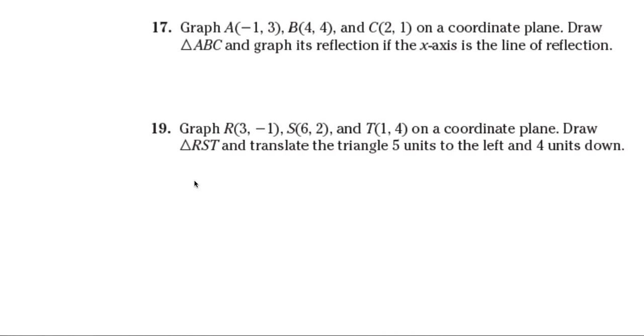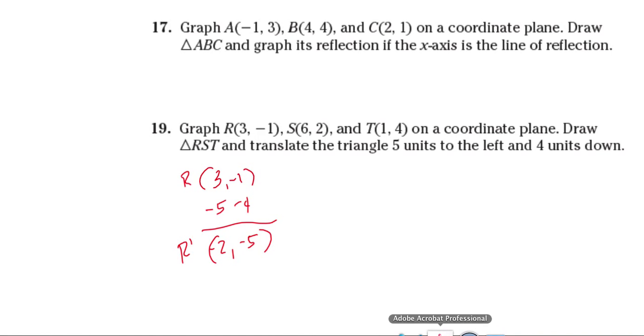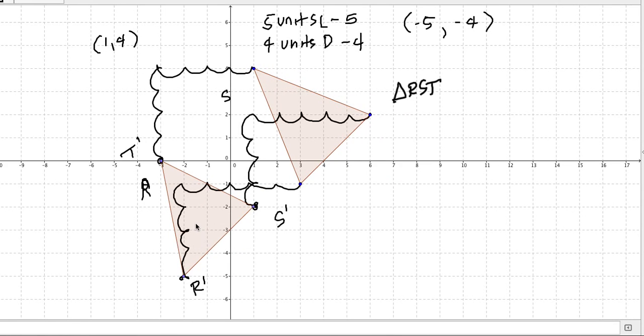Then 5 units to the left and 4 units down makes this -2 and -5, and that becomes R prime. And if you go back to our GeoGebra, that's what R prime is, -2 and -5.